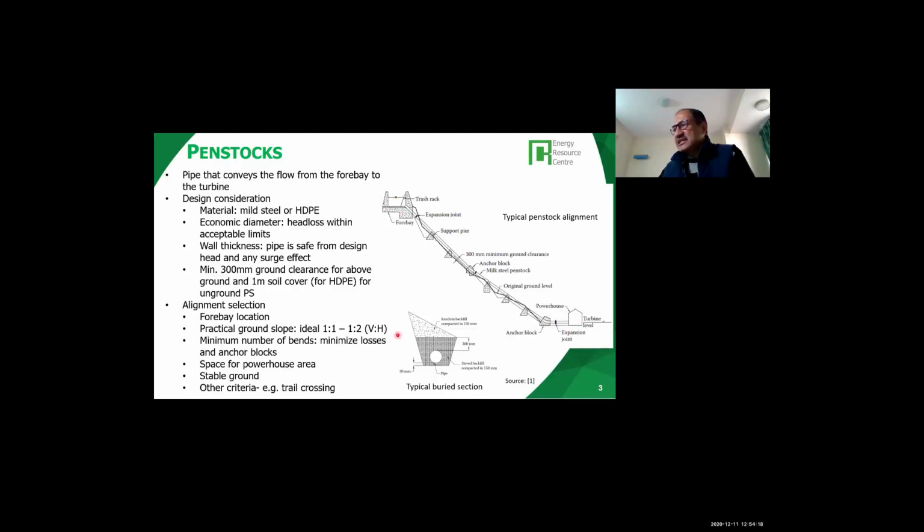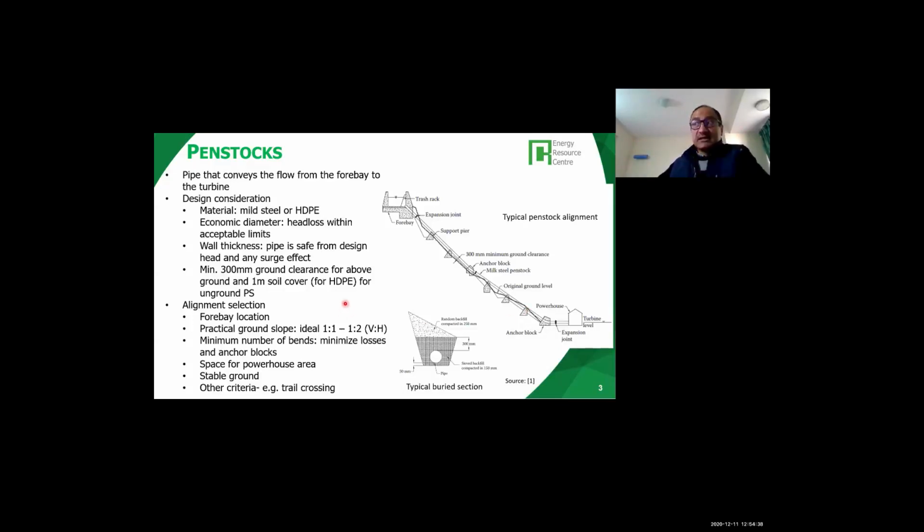But you have losses in the penstock, so you want to minimize those losses. Normally 5 to 10% loss is acceptable in the penstock.